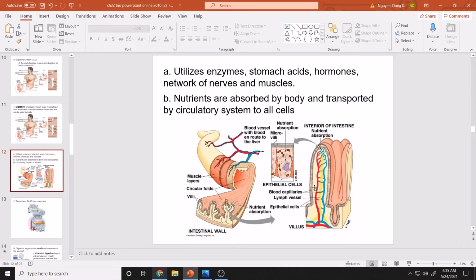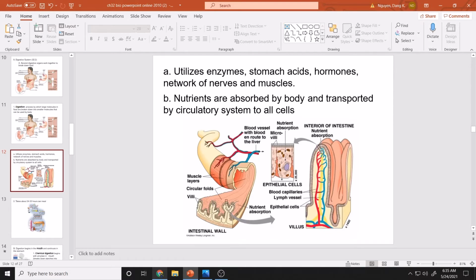If you really zoom in here, here is what a villi looks like. It's that finger-like projection. And you have the interior of the intestine that's here. So you have your blood capillaries and your lymph vessel lined underneath your villi here, your villus. This is zoomed in a lot. These are really small.